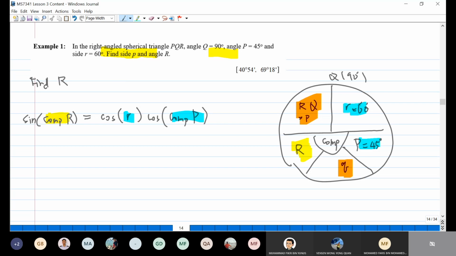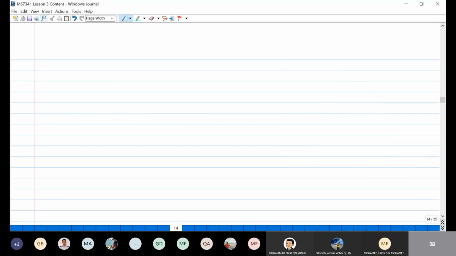And why the complement of R first? Maybe I insert another page to tell you. Okay, big triangle. So let's say this angle is R here, and this is the complement of R. So what is sine of the complement of R?